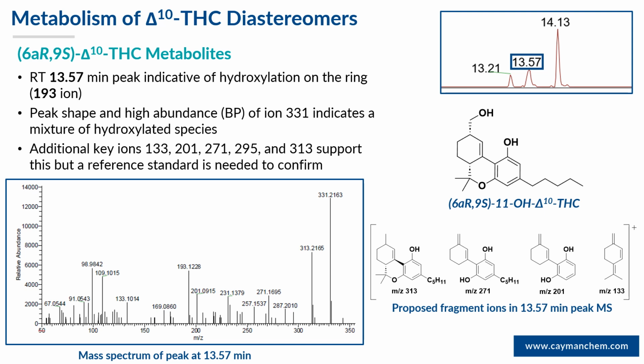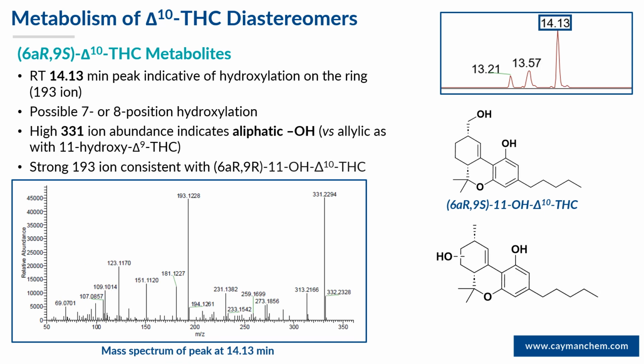It's not quite clear which metabolite we have, and without a reference standard we can't confirm, but we can infer that with the high abundance of 313 relative to the 331 ion, we may have hydroxylation in closer proximity to that Δ10 double bond, and we may actually be seeing the formation of the 11-hydroxy Δ10-THC metabolite.